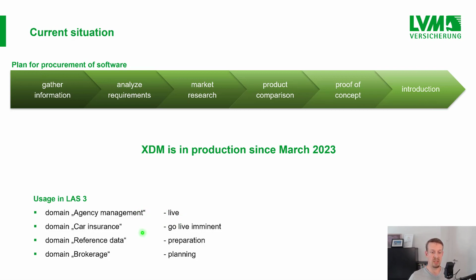For car insurances, the go-live is imminent within the next 2 weeks, if I get it right. The domain reference data is already in preparation, far ahead of plan. And the domain brokerage is in the planning state right now.